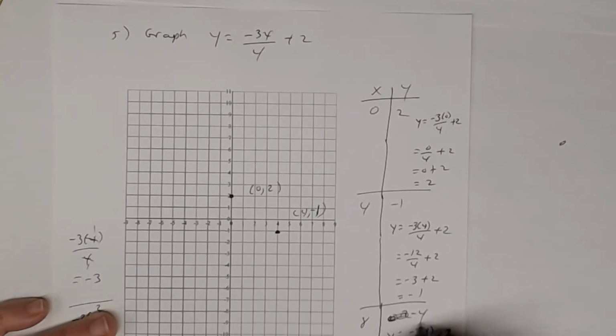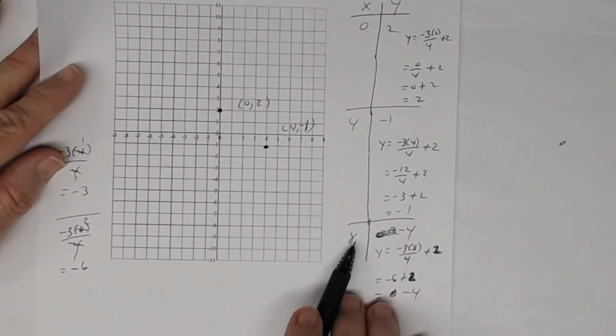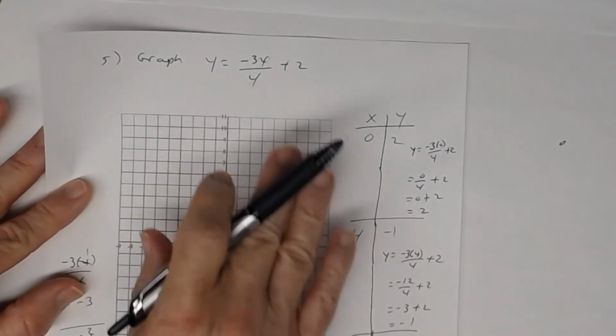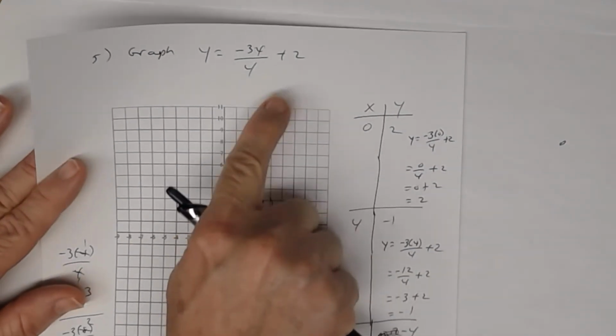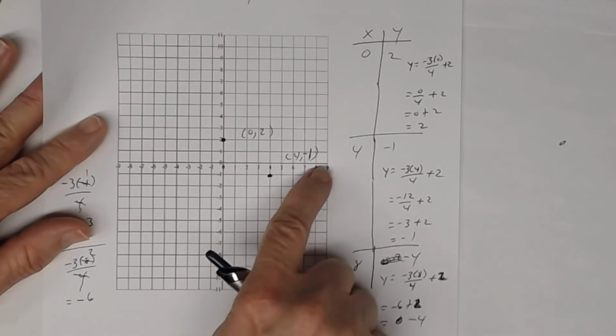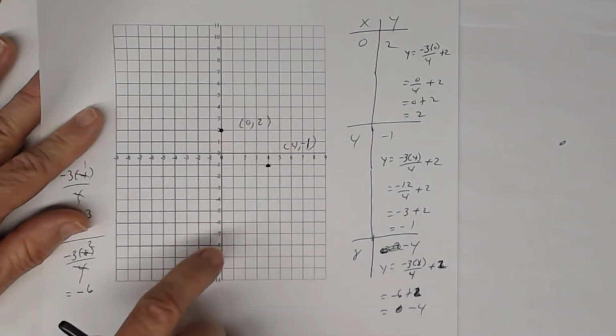So 8, negative 4. We'll get that correct. So let's go through this again. Be careful when you're transposing stuff, because that's plus 2, and notice I put 6. I knew something was wrong because the points were not collinear. So always go back and check if you see something's incorrect.